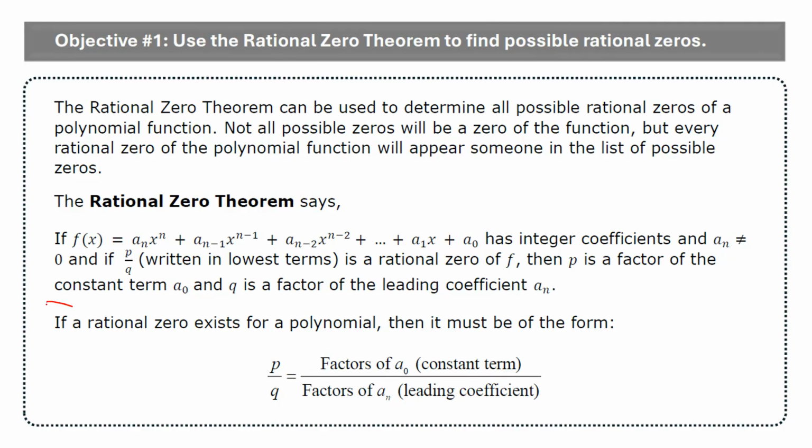In other words, if a rational zero exists for a polynomial, then it must be of the form p divided by q, where the factors of our constant term are divided by the factors of our leading coefficient. And so this is going to be how we will solve for all possible rational zeros of a function.